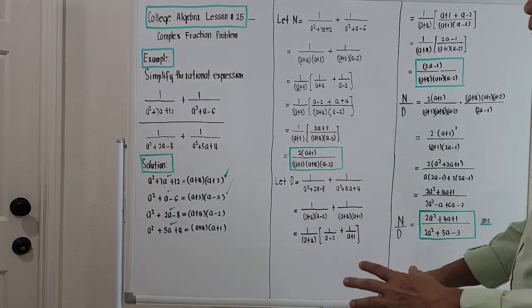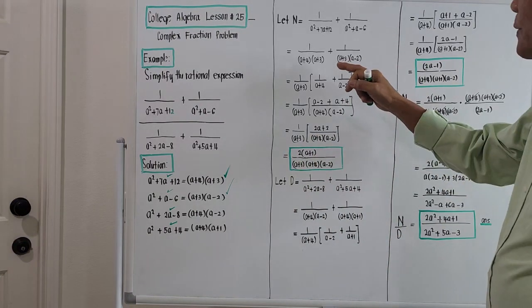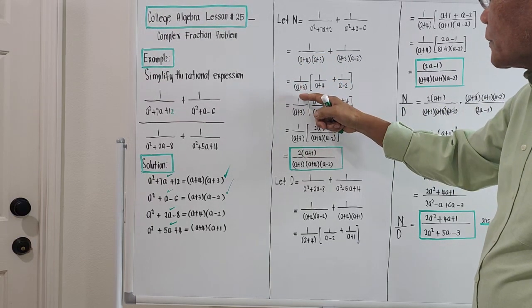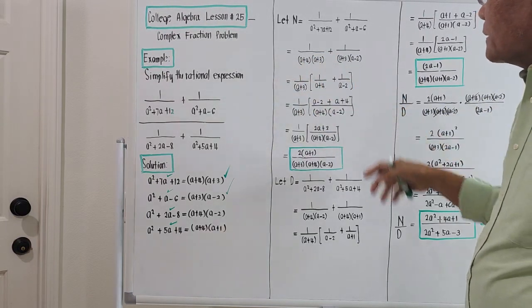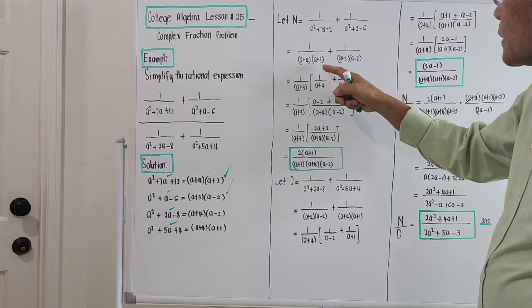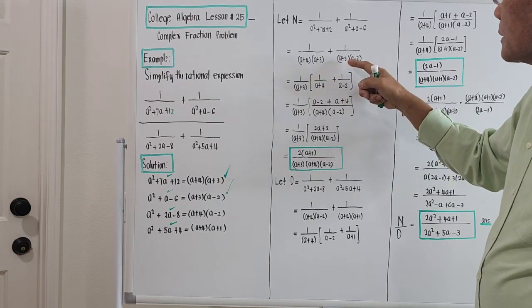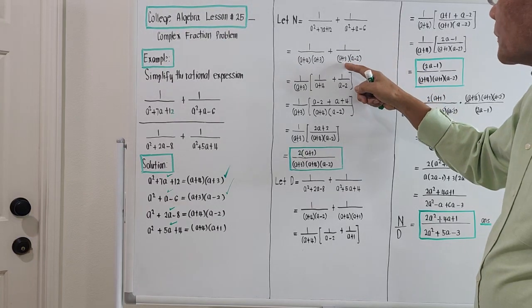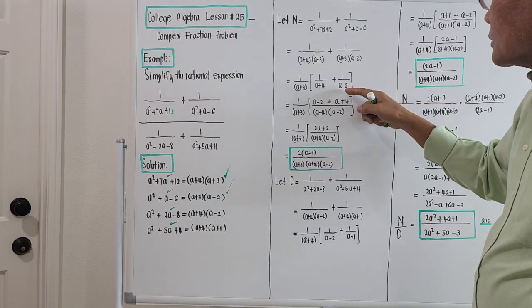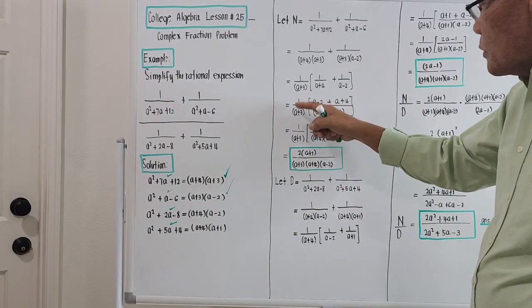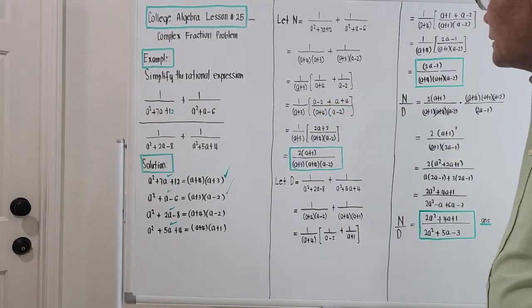There is a common factor, a plus 3, and we bring it out. So this is 1 over a plus 3, open bracket, what remains for the first one is simply a plus 4, and for the second one, what remains inside will be 1 over a minus 2, close bracket.